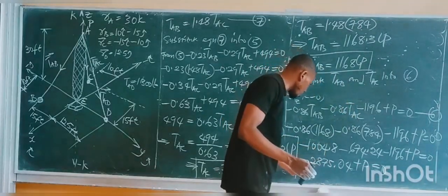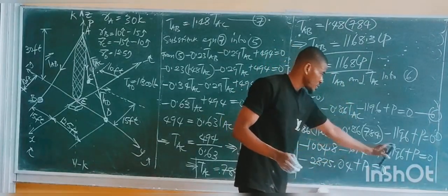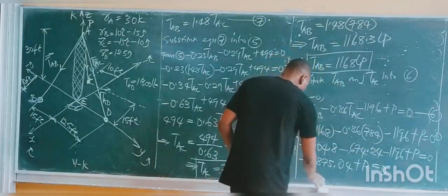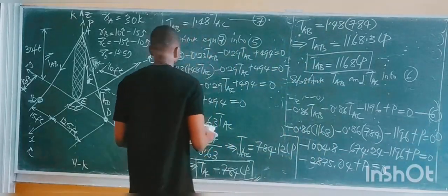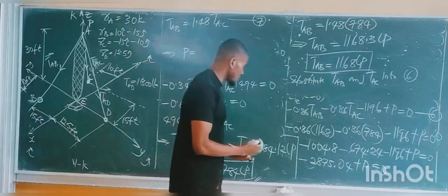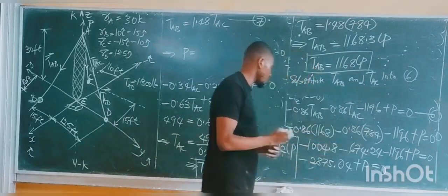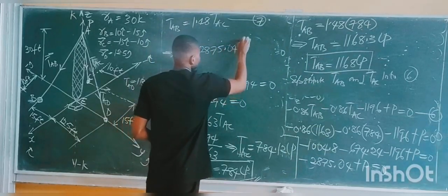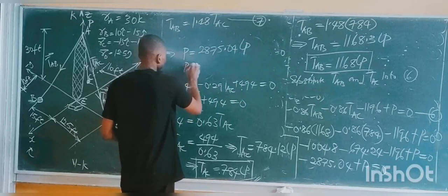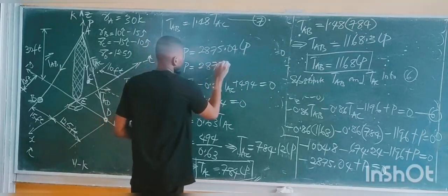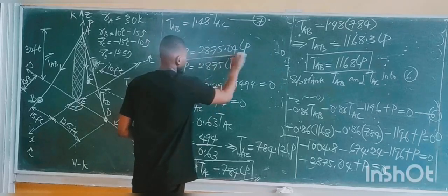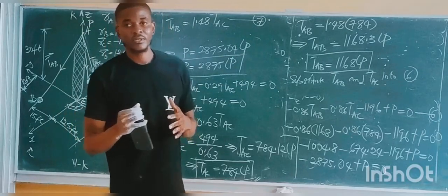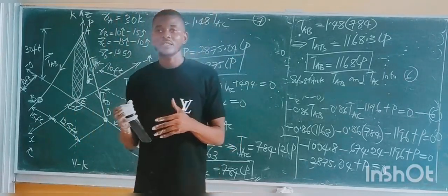Let's send minus 2875.04 over to the other side of the equation. Negative sign becomes positive, so the value of P is 2875.04 pounds. We can simply approximate this as P equals 2875 pounds. Alright guys, so that's how you obtain the tension in cables AB and AC, and then the force at point A.